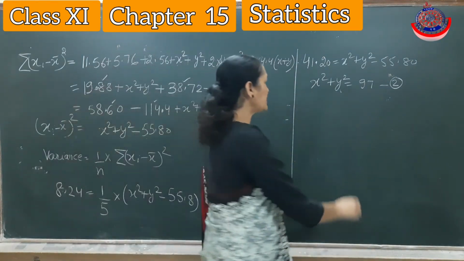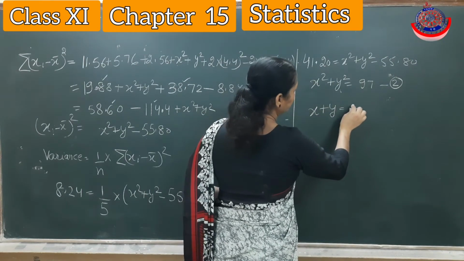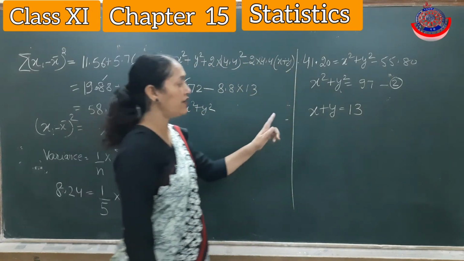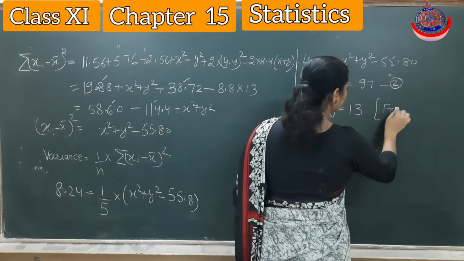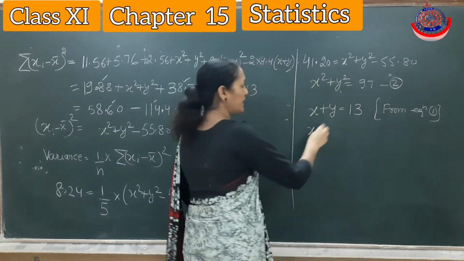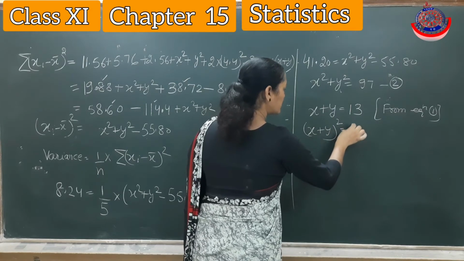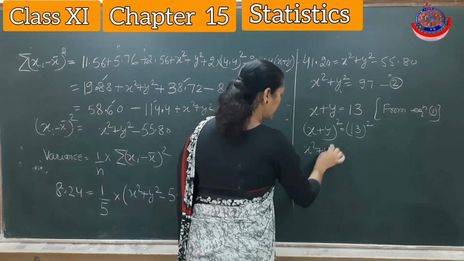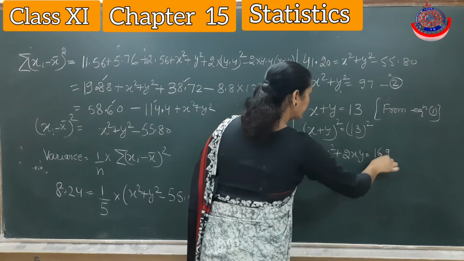We have got our first equation, according to which x plus y equals 13. This was our first equation. If I square both the sides, from equation 1, squaring both the sides we get x plus y whole square equals 13 square. That means x square plus y square plus 2xy is equal to 169.